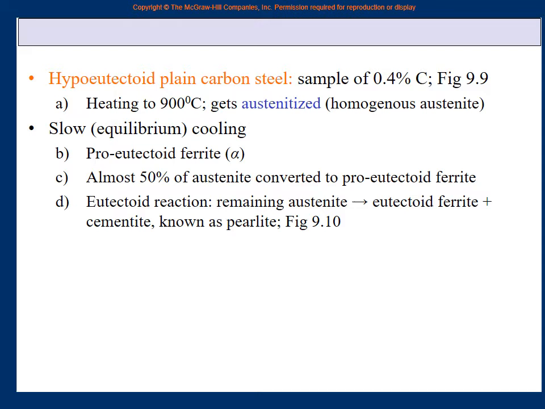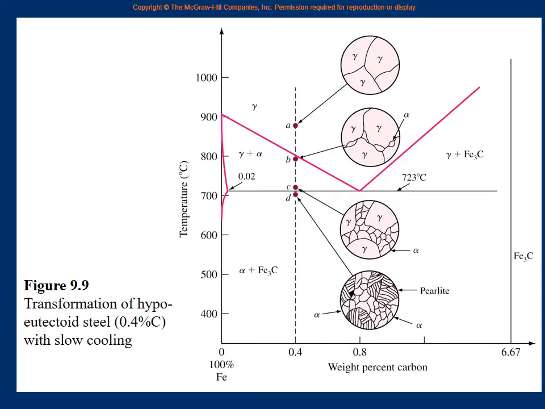So let us go to the next slide where the figure is there, and it will be explained in a much better way. You see, where is eutectoid steel? 0.8% carbon. On the composition line, this is 0.8%. If the composition is less than 0.8, we call it hypoeutectoid.